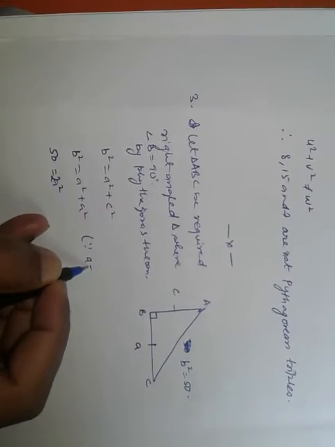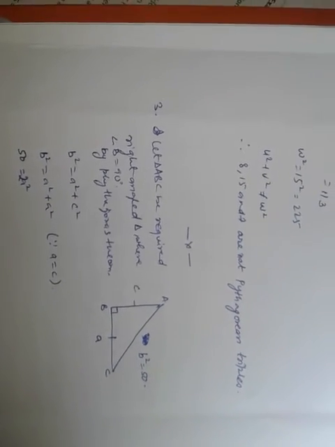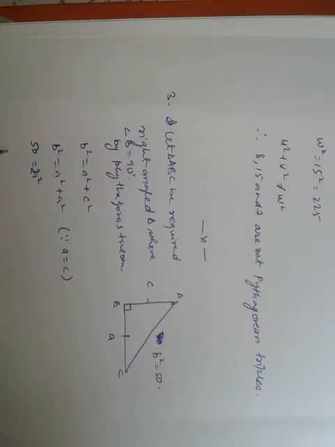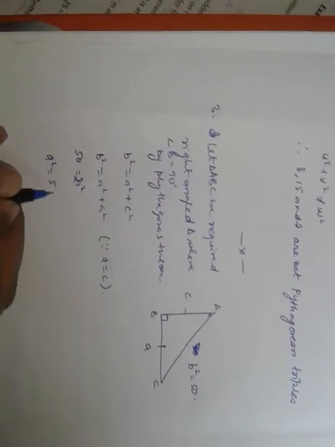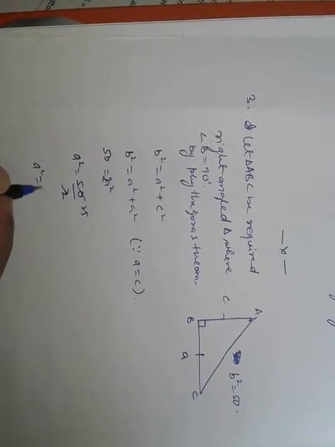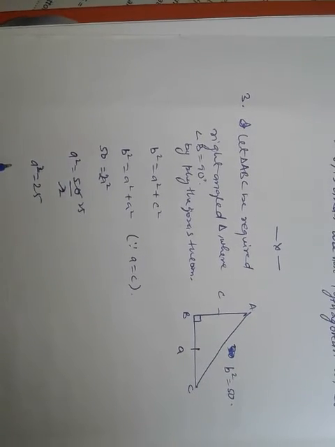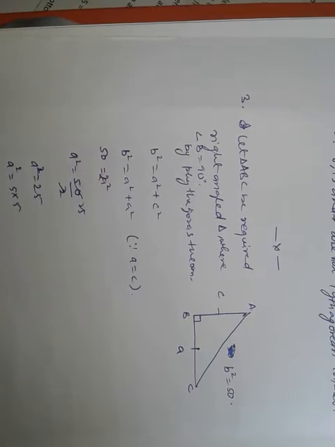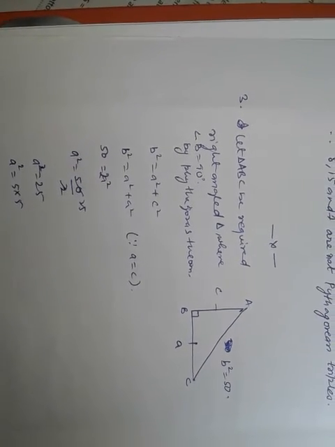Since A equals C, it is given to us that two sides are equal. So A square equals 50 by 2, we cancel it, we get 25. A square equals 25, so A equals 5.